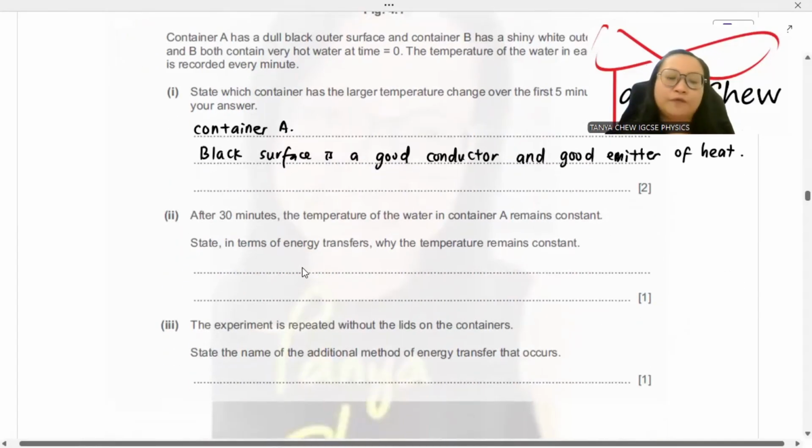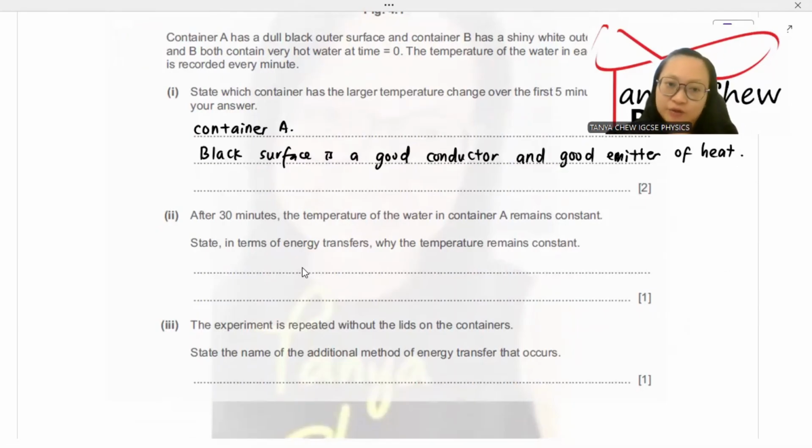Now, the second part, after 30 minutes, the temperature of the water in container A remains constant. State in terms of energy transfer why temperature remains constant. First of all, temperature is constant, meaning to say that there is no more heat transfer. Heat can only transfer when there is temperature difference between two substances.